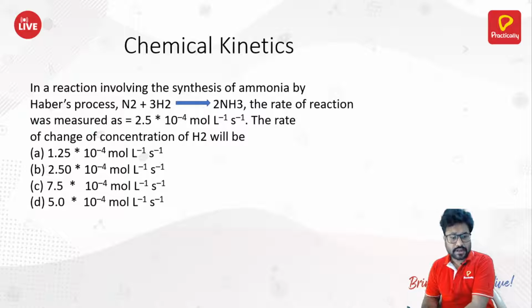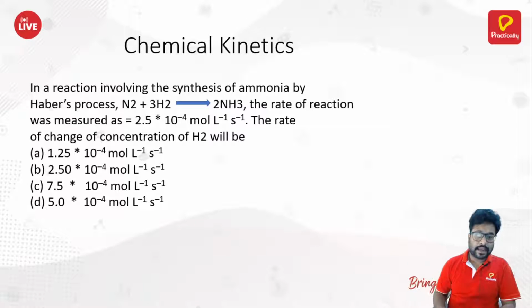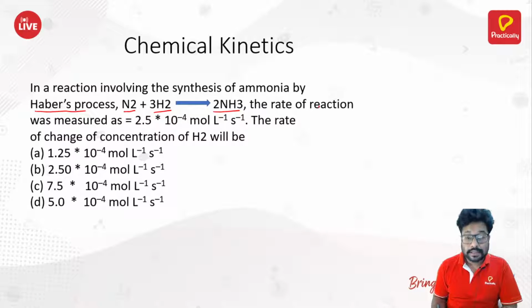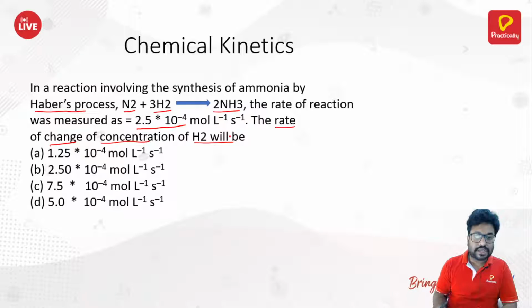In the reaction involving the synthesis of ammonia by Haber's process, N2 reacts with 3H2 to give you 2NH3. The rate of reaction was measured as 2.5 into 10 raised to minus 4 mole per liter per second. The rate of change of concentration of H2 will be?